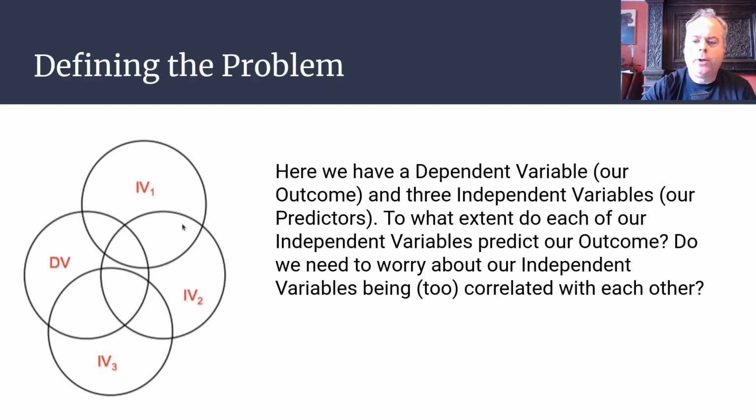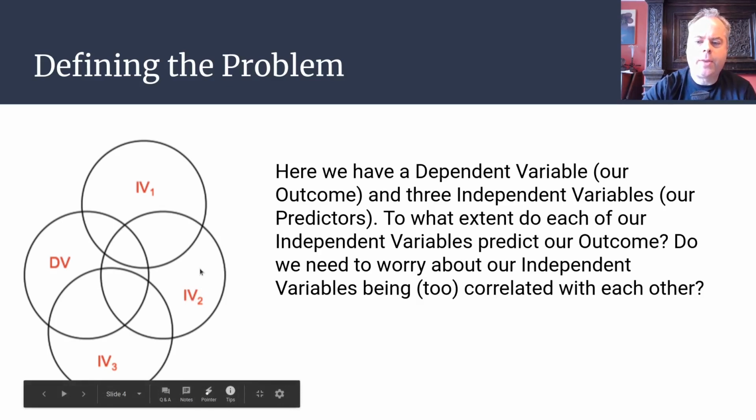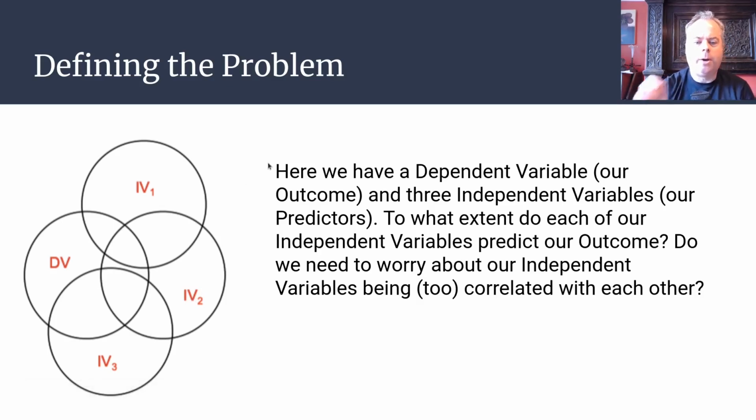And we want to know, really, to what extent each of the three individual predictors, each of the three independent variables predicts our outcome. And as you can see in this visualization, there's some variance that's accounted for by both IV1 and IV2. So some variance in our DV is accounted by both IV1 and IV2.